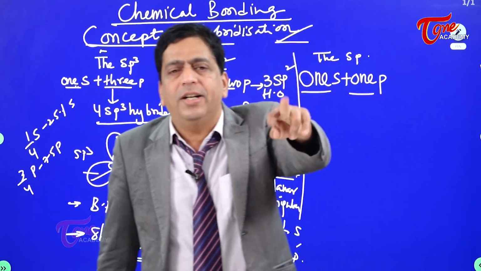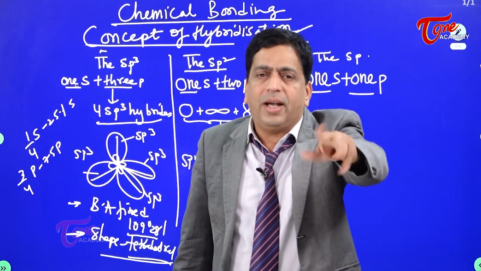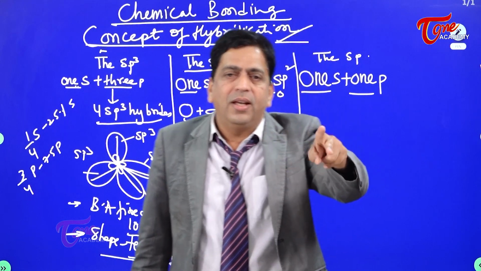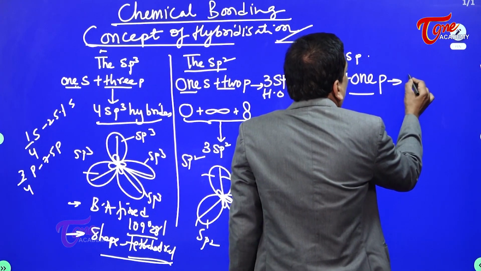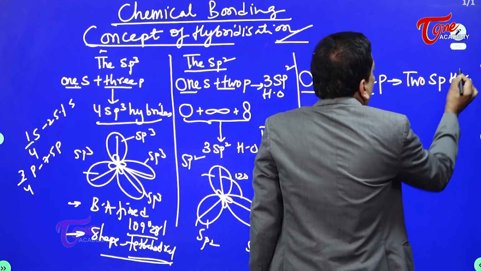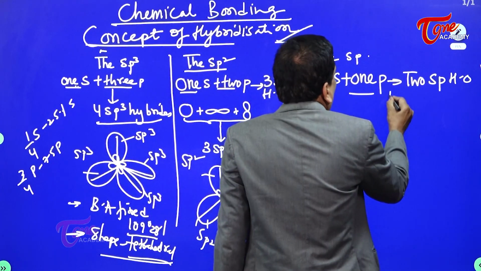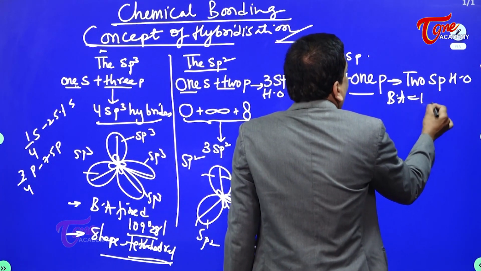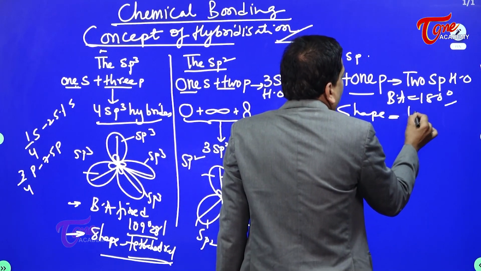So you'll have two chocolates, which will be Nutrin as well as the Cadbury. Right? It's like that. So it's only 1, 1. So 1 plus 1 is 2, you'll get 2 sp hybrid orbitals. And here the bond angle is 180 degrees and the shape is also fixed. That is linear.